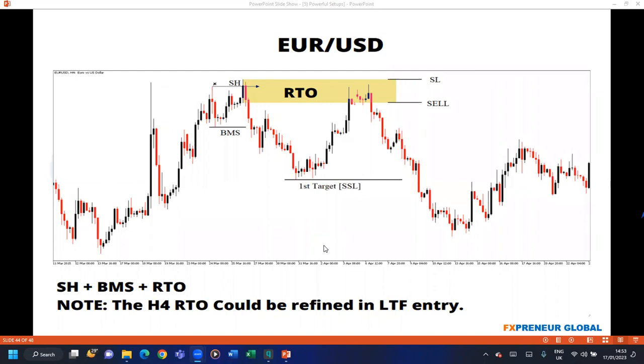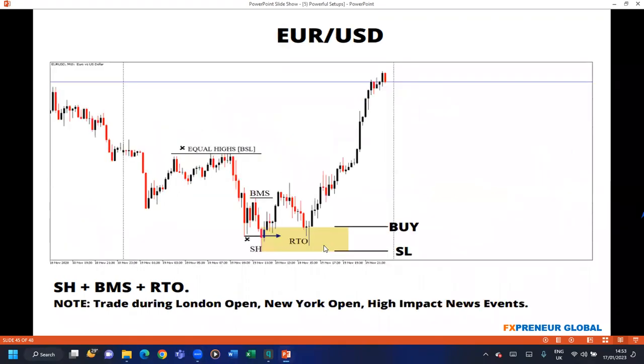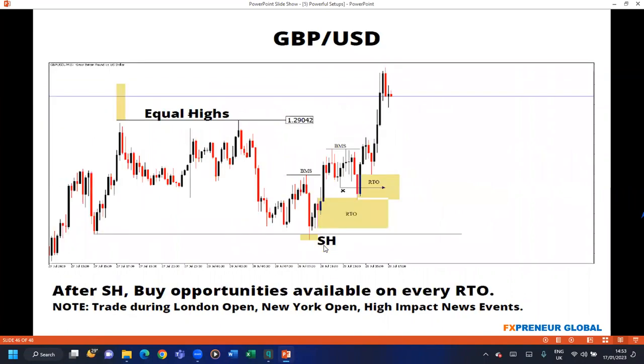Then failure swing, break of market structure, return to order block, then target your profit at the previous high or previous low being taken out. Simply combining setups to get good trade entries and good trade opportunities. So every chart you see here, the same thing, the same point being noted. Everything falling into place.